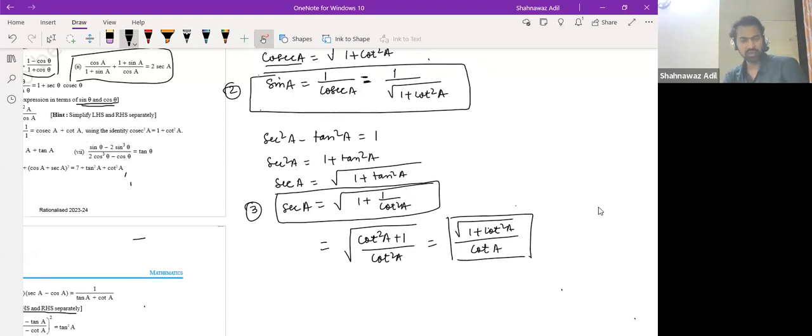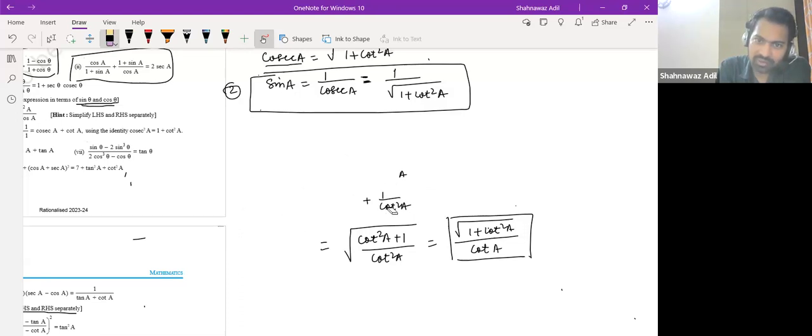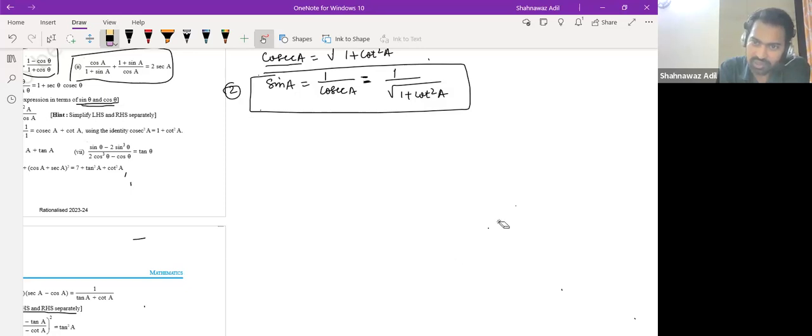Okay, so what I was telling you guys is that we can also calculate sec A in terms of cos A. As we know, cosec A is 1 plus cot square A under a root, okay? And from sine A, what can I calculate?